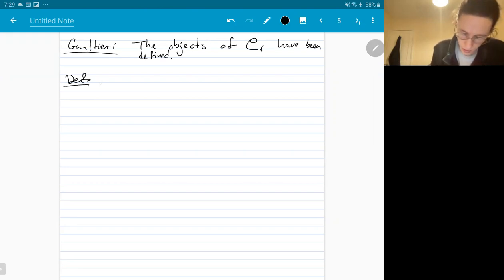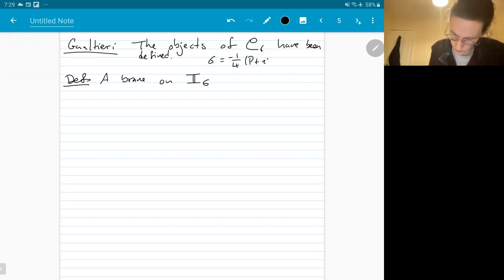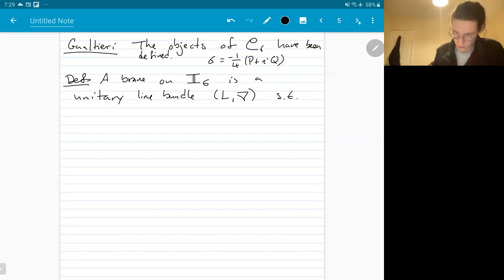So what I'm going to call a brane on this GC structure corresponding to this holomorphic Poisson structure. Remember, sigma is this. So a brane is defined to be a unitary line bundle (L, nabla), such that the curvature satisfies the following equation, which is that F^(0,2) plus iF plus FQF is equal to 0.